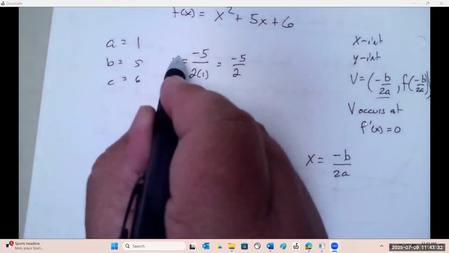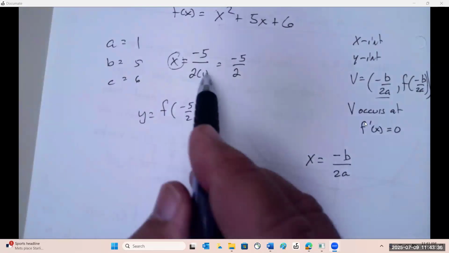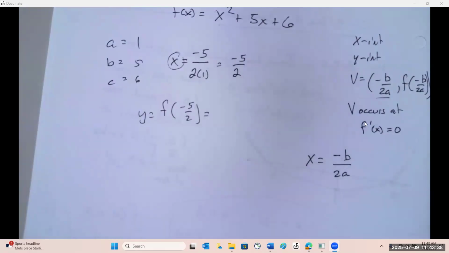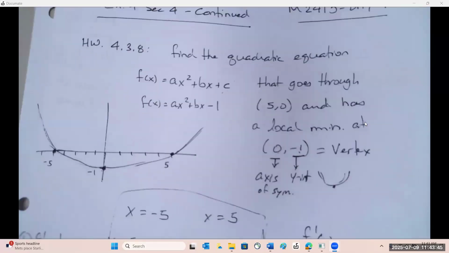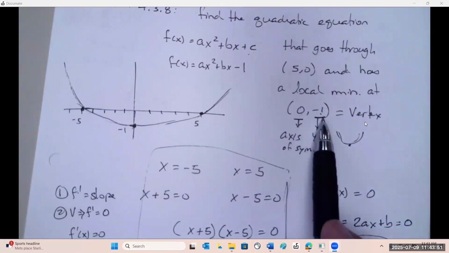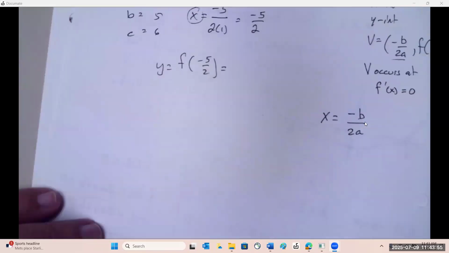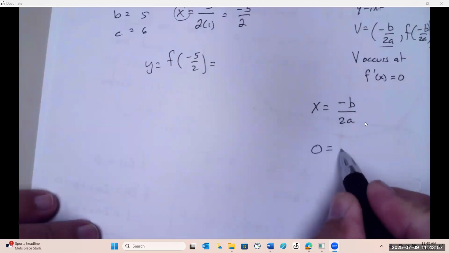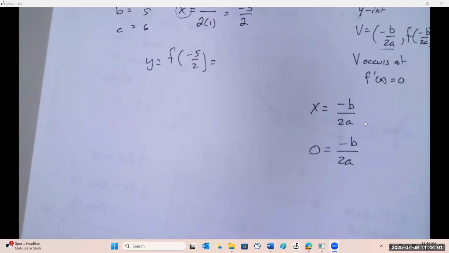But we see we have an x value of the vertex. We know the equation. It's this. In our example, what is our vertex? 0, negative 1. If this is equal to 0, what's the only way that can equal 0?